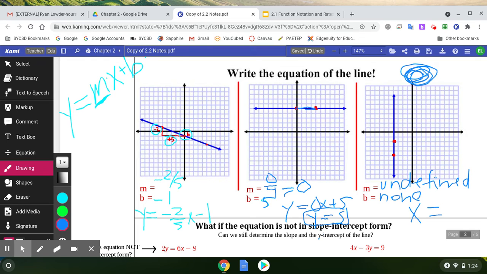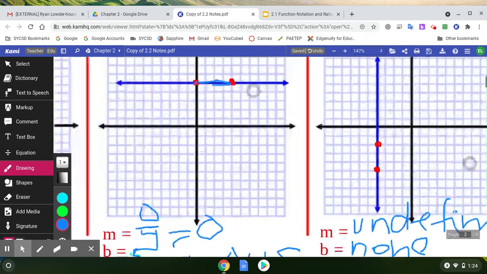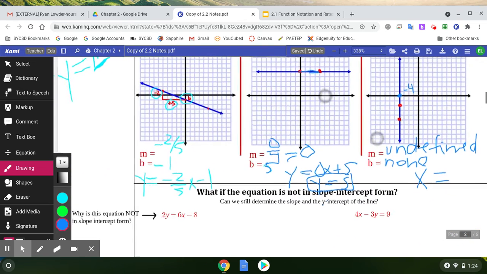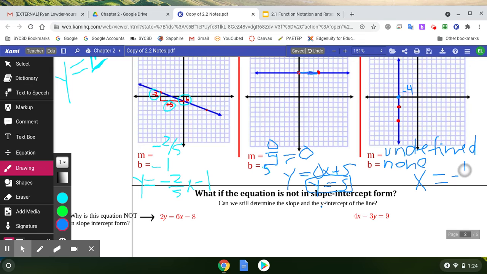But the equation itself is simply the same as the x-intercept. So in this case, our x-intercept is right here since it's crossing the x-axis, and notice that is at negative 4. And all of the points on this line have an x-coordinate of negative 4, and that is why the equation is simply just x equals negative 4.